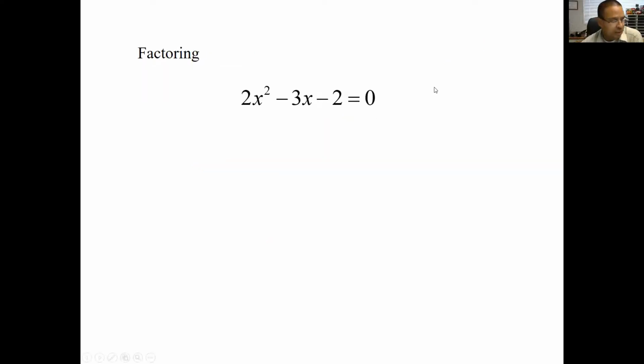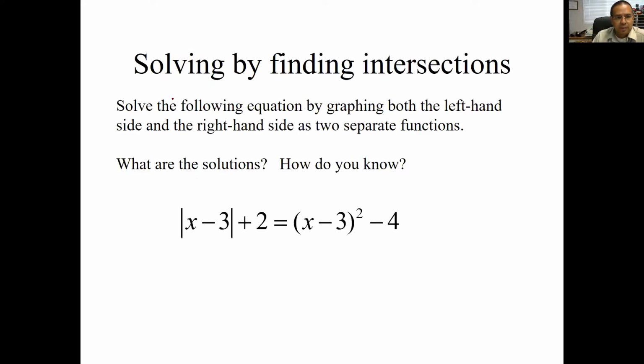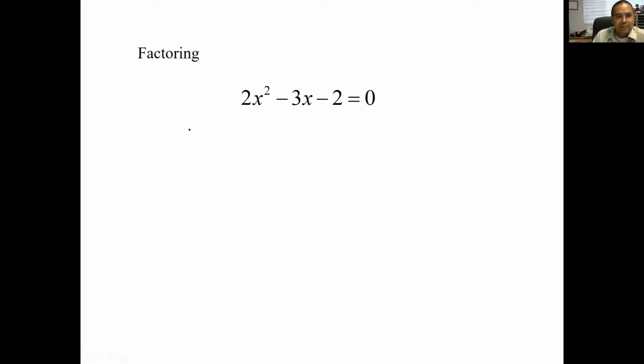Factoring. Do you guys remember how to factor? So factoring means, you got your parentheses. There's only one way to get 2x squared. That's 2x times x. There's only one way to get 2. That's 2 times 1.